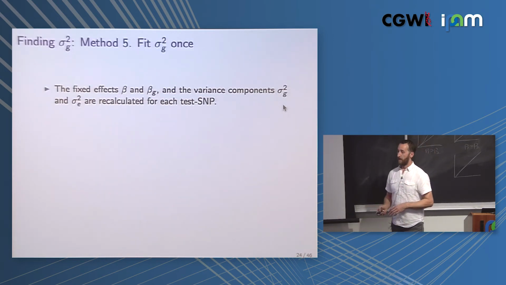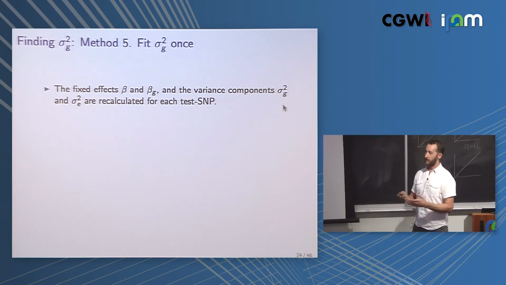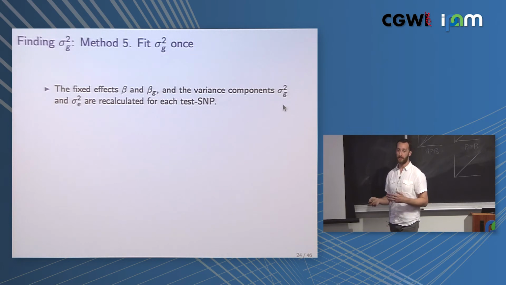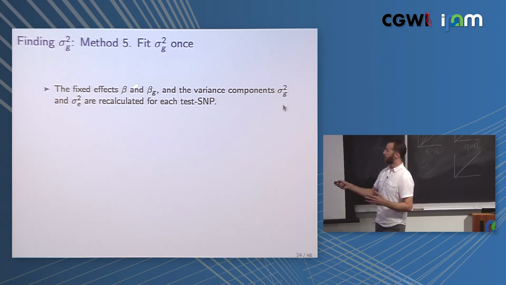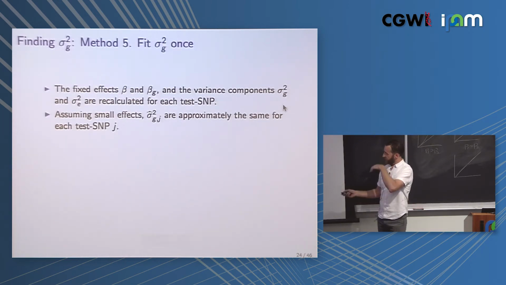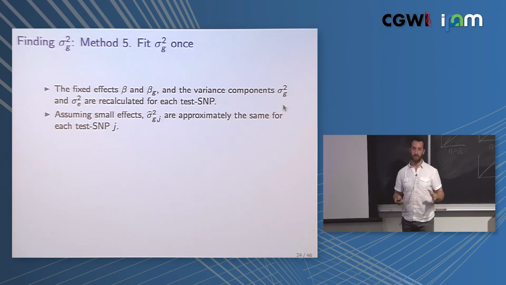So far we've had to re-estimate sigma g to do it properly. You have to re-estimate sigma g squared for every single SNP that you're testing, which is very expensive. If you're willing to assume that the beta g is quite small, then these are going to be approximately the same for every single SNP.